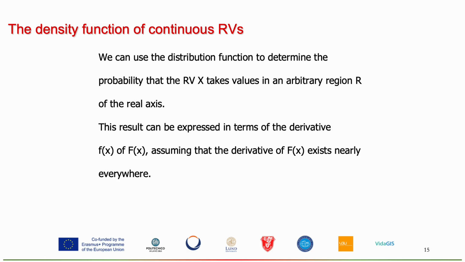These results can be expressed in terms of derivatives. So we introduce lowercase f of x, that is the derivative of capital F of x, assuming that it exists everywhere.